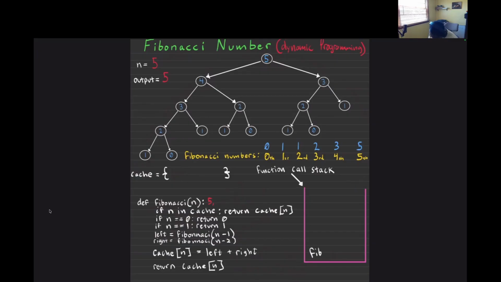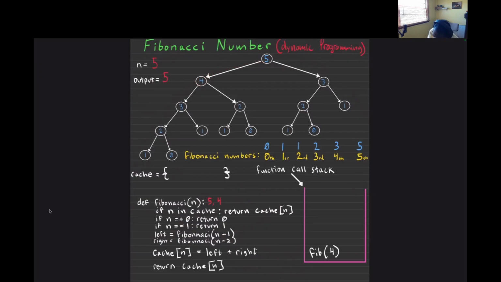So we pass in fib with 4 in there. Now we're back inside the recursive call where n is equal to 4. And as you notice, now we're at this level of the tree.